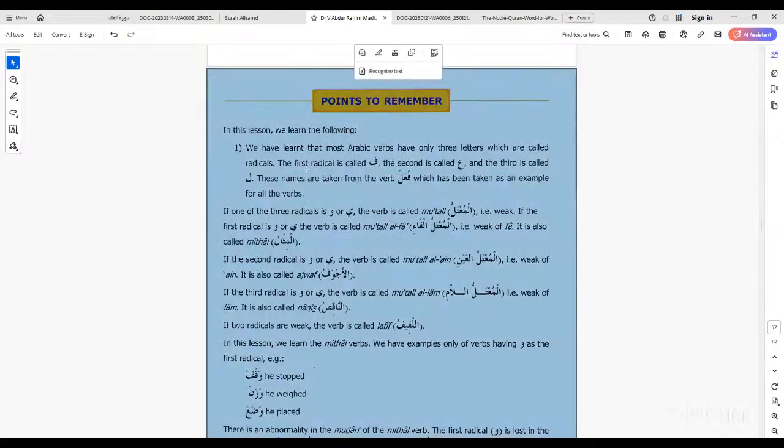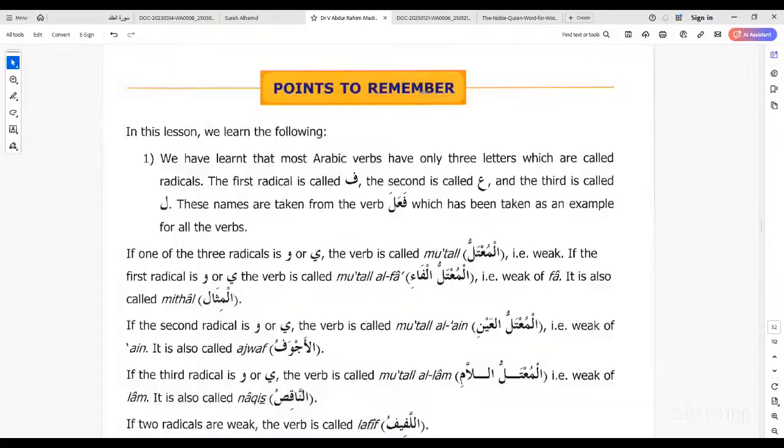Points to remember. In this lesson, we learned the following. Number one, we have learned that most Arabic verbs have only three letters, which are called radicals. The first radical is called fa, the second is called ain, and the third is called lam. These names are taken from the verb fa'ala, which has been taken as an example for all verbs.